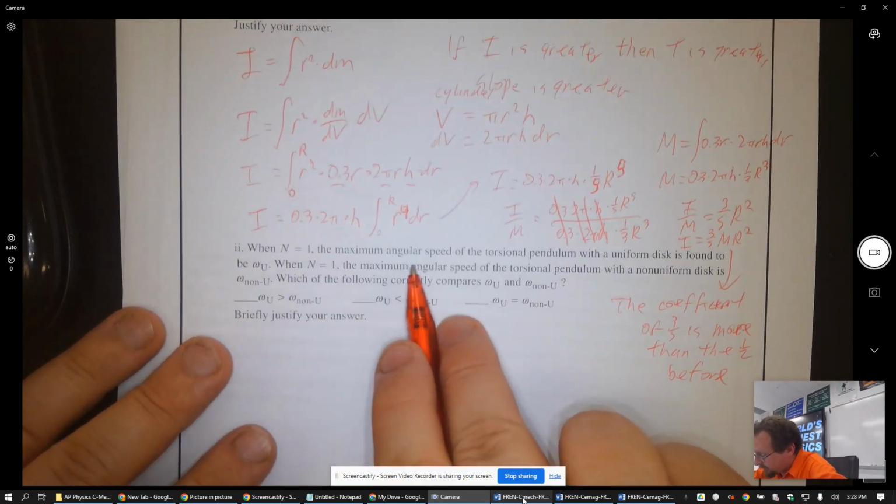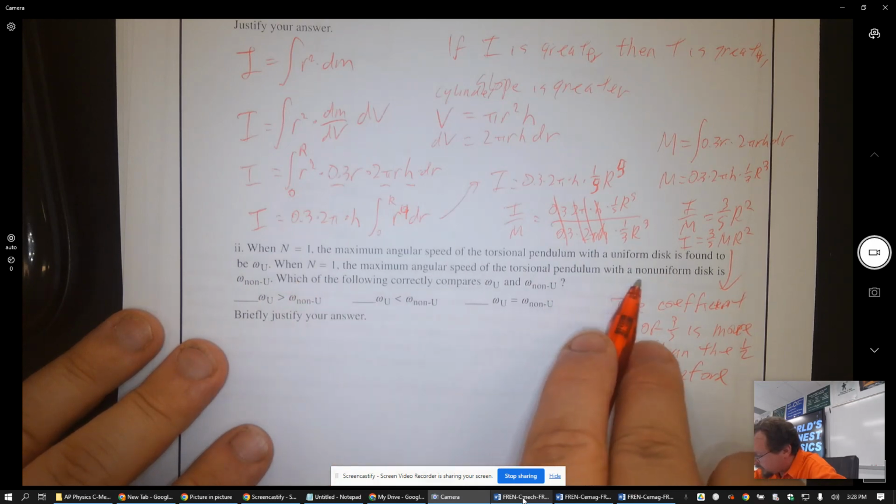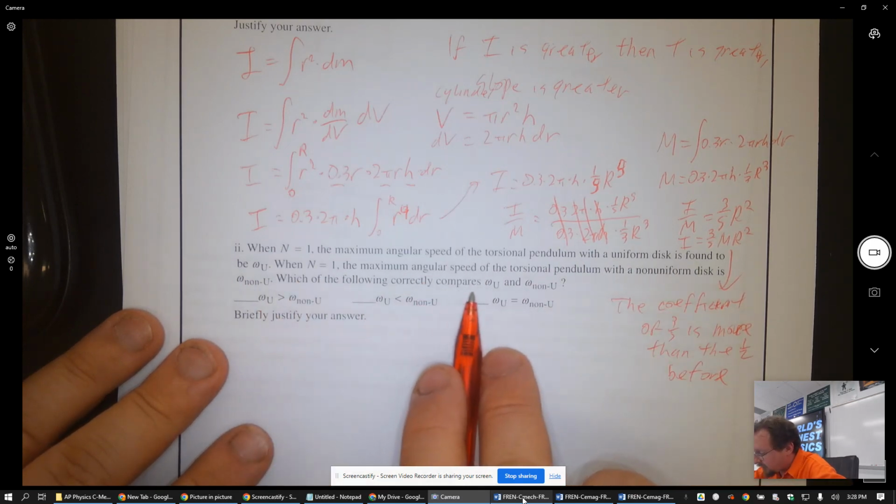Okay, when n equals 1, the maximum angular speed of the tornado with the non-uniform disk is blank. Which of the following correctly compares that?